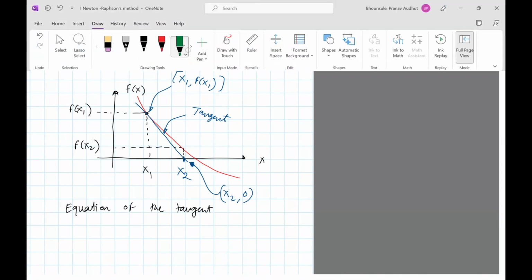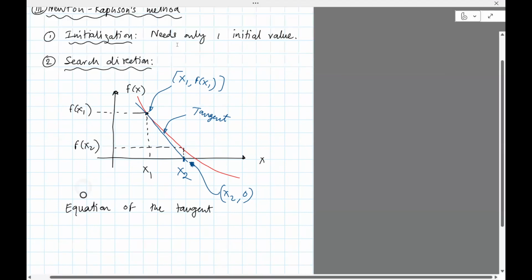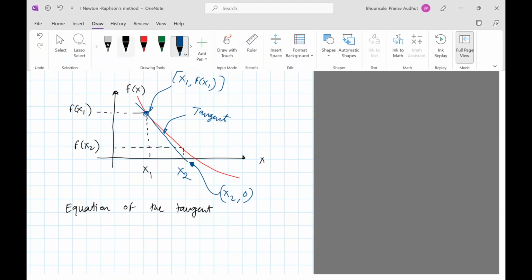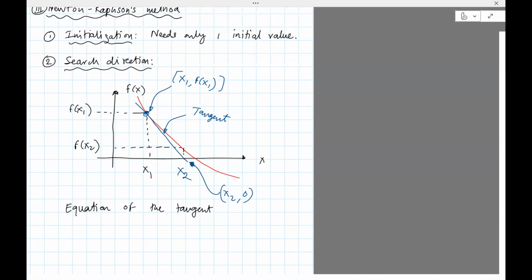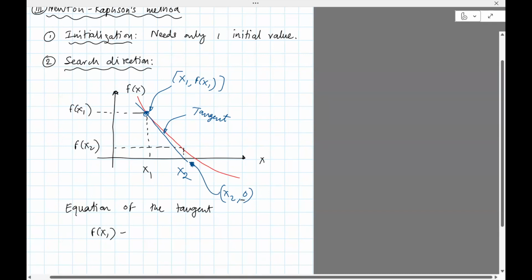One of the points is this one, and the other point is this one, right? 2 points. So if you know 2 points, we can get the slope of the line. The slope of the line is f of x1, the y coordinate, minus the y coordinate of the second point. Similarly, it's going to be the x coordinate of the first point minus the x coordinate of the second point.